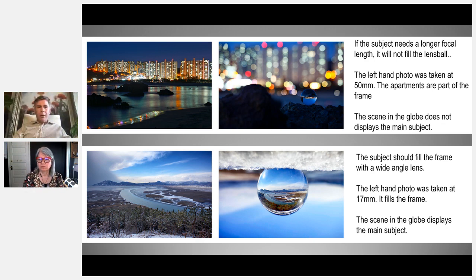Because I know that at this focal distance it requires a wide angle, I also know that it will capture inside a lens ball, and that scene will fill the lens ball so that it actually forms a nice photograph. It's not minuscule in this image anymore. You can really see this background landscape at this distance. So the rule is you must get close enough to your main subject for it to fill the inside of your lens ball. If it's not filling the inside of the lens ball, get closer.